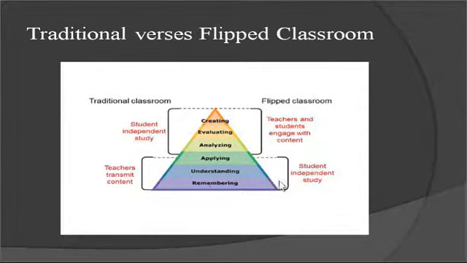Here, the remembering and understanding is done by the student independently at home, while for the other things, applying, analyzing, evaluating, creating, teachers and students engage with the content. So here teacher-student interaction is increasing, along with it peer interaction is increasing.